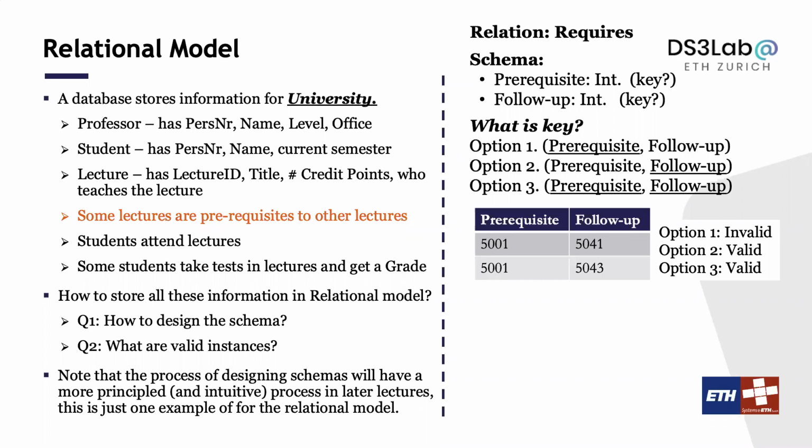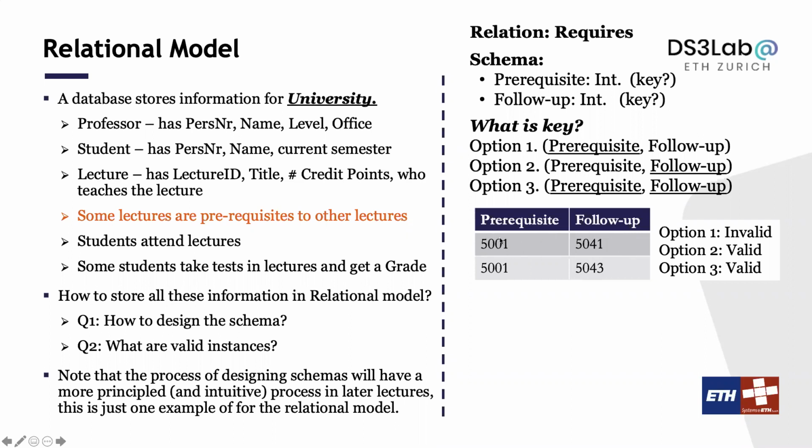And if you look at option 2, it's actually okay, right? Because if I have follow-up as my primary key, which means that I cannot have two tuples sharing the same follow-up value, this is fine, right? And similarly for option 3, it is also fine. I have this combination as a primary key, which means that I cannot have two tuples sharing the same value on this combination.